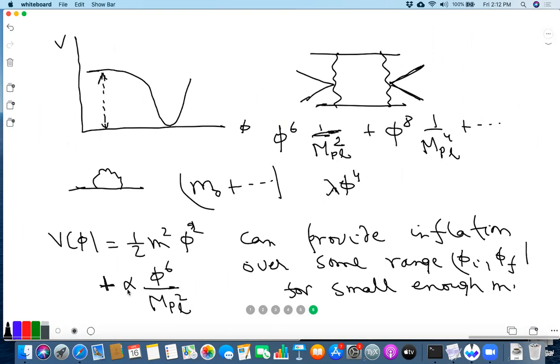But as some of the couplings could be negative, that means there could be extra minima of the potential other than at phi equal to 0. Yeah, but as long as it's bounded from below, we are okay. Okay, fine. Any other question?